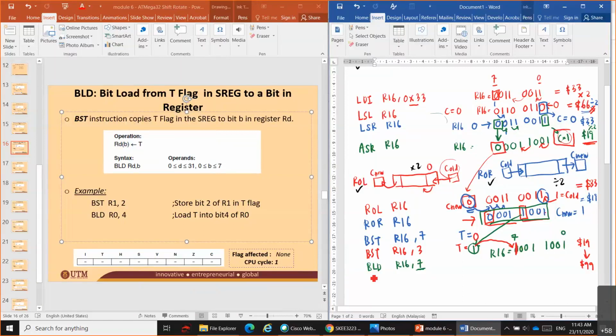Okay, another example. BLD R16, 1. What is the new value of my R16 after I execute this instruction here?